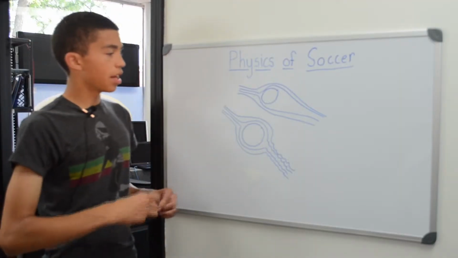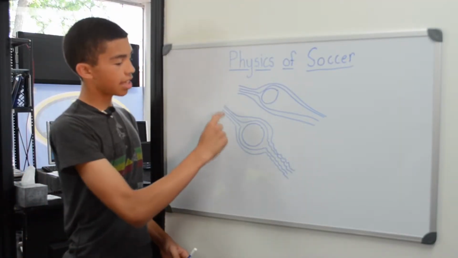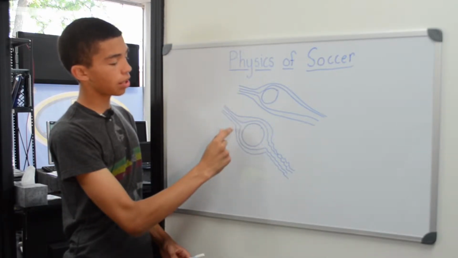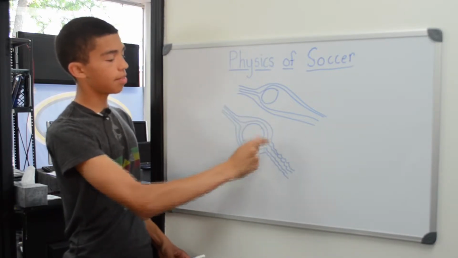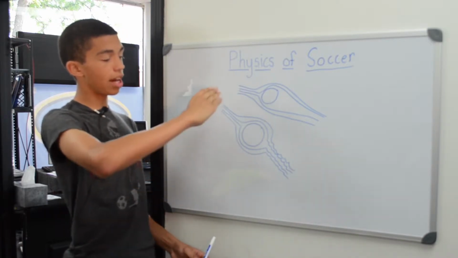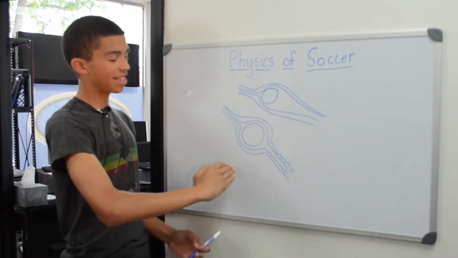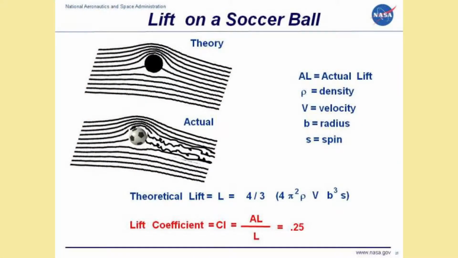So what causes the ball to lift is as the air flows on top, the air below is flowing a lot faster than the air over the top, causing lower pressure below, causing the ball to rise. Lower pressure above, causing the air pressure to push more up, causing the ball to rise.